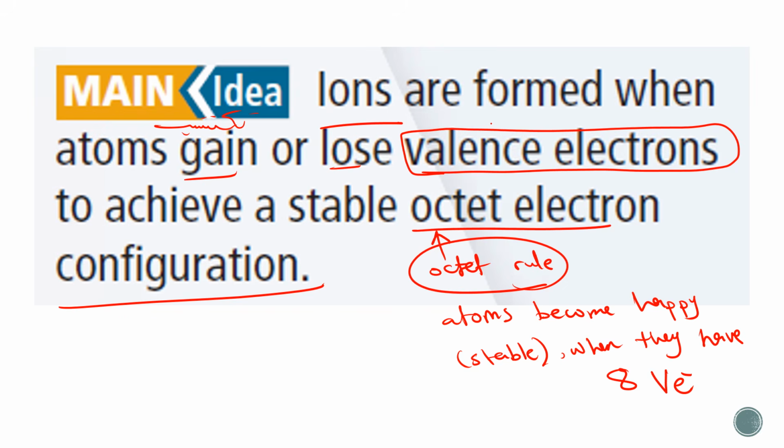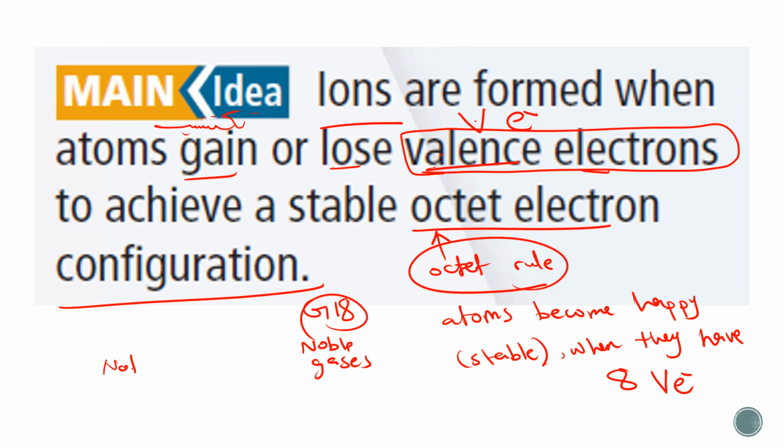So guys, starting from now, I will not write valence electrons, I will write VE. V for valence, E negative is for electrons, okay? Like who? Like group 18 in the periodic table, the noble gases. Okay, there is an exception.